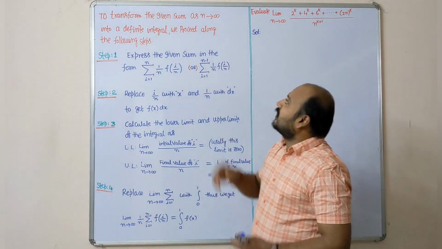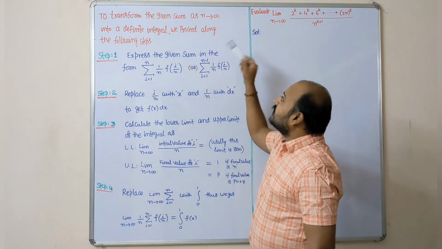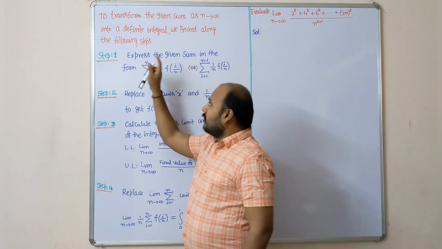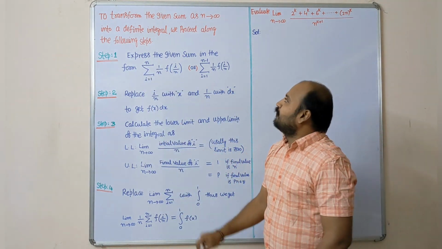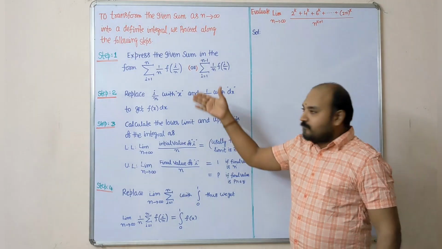To transform the given sum as n tends to infinity into a definite integral, we proceed along the following steps.